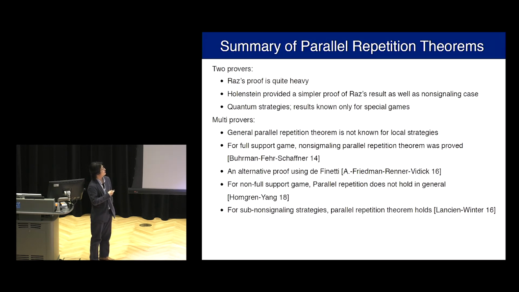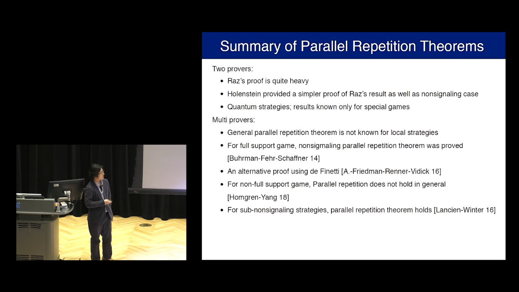For instance, for full support game, non-signaling parallel repetition theorem was proved by Buhrman, Fehr, Schaffner. And an alternative proof was provided by using the de Finetti decomposition argument by Arnon-Friedman, Renner, Vidick. And for non-full support game, parallel repetition theorem does not hold in general.